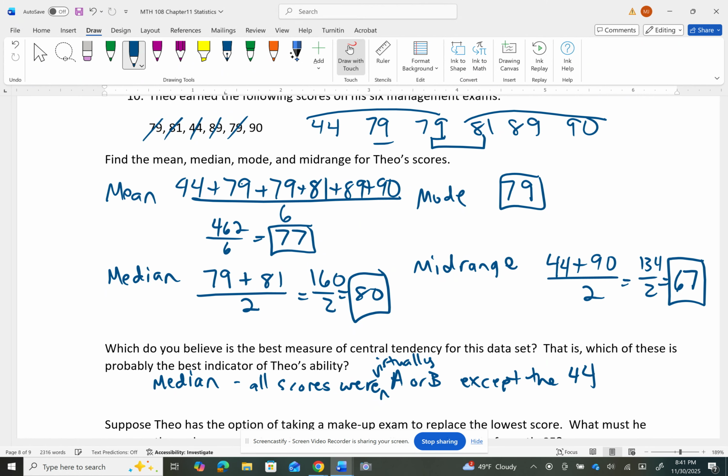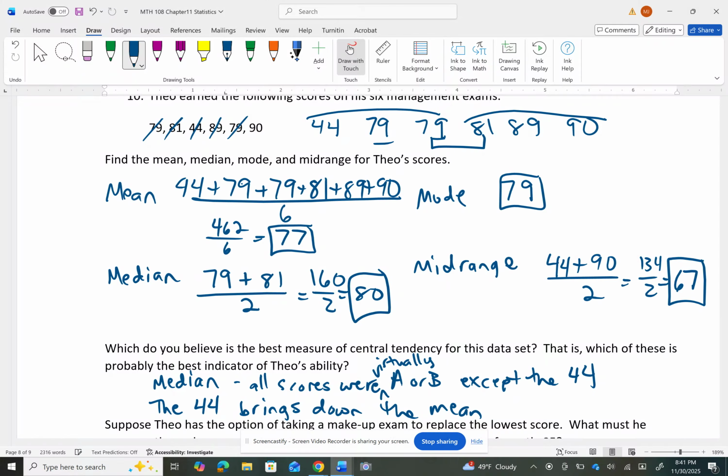And that would have really, the 44 really brought down the mean. I'll just say the 44 brings down the mean.